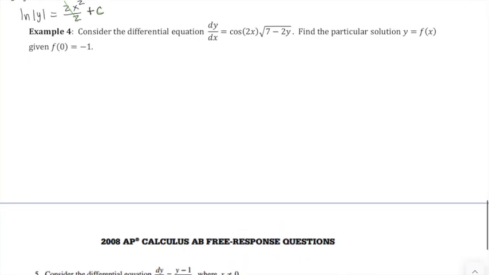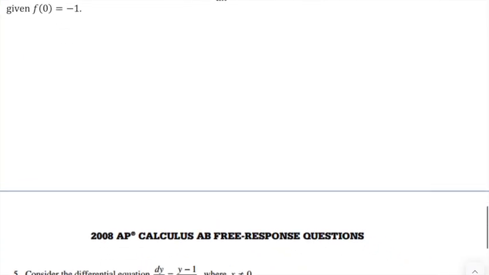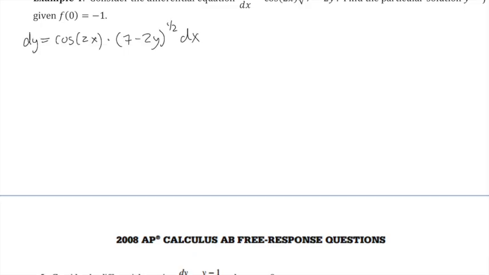All right, so example 4 is going to be a little bit harder because we're going to have to do some u substitution. But again, we're given our initial conditions of 0, 1. So first thing, multiply dx to each side. And I rewrote this square root as a 1/2 exponent.